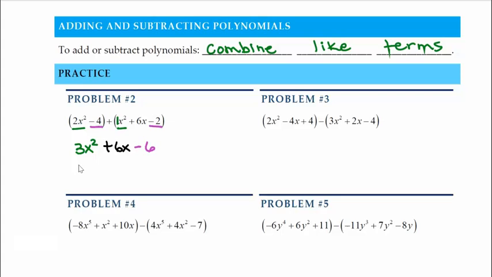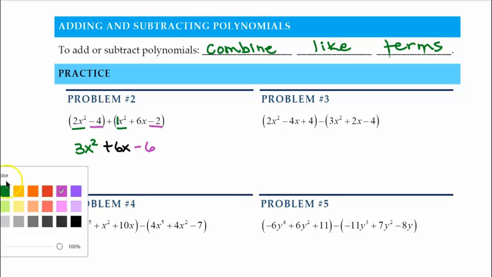Now with subtracting, I want you to be really, really careful, because this subtract is saying I'm subtracting everything that's inside here. So I'm subtracting a 3x squared. I'm subtracting a 2x. I'm subtracting a -4. So really what's happening here is I'm distributing a -1 through. I'm going to show that on the next step because I want to make sure this is really clear.